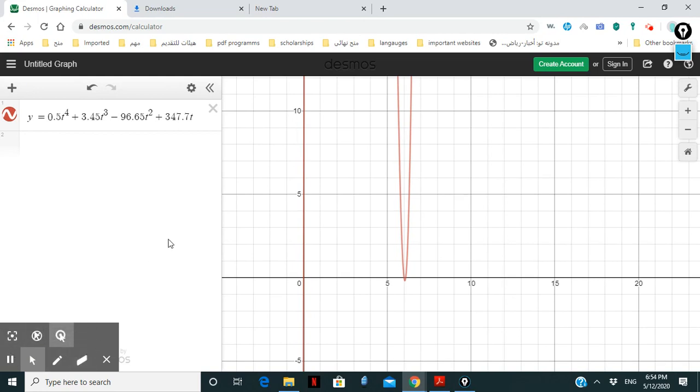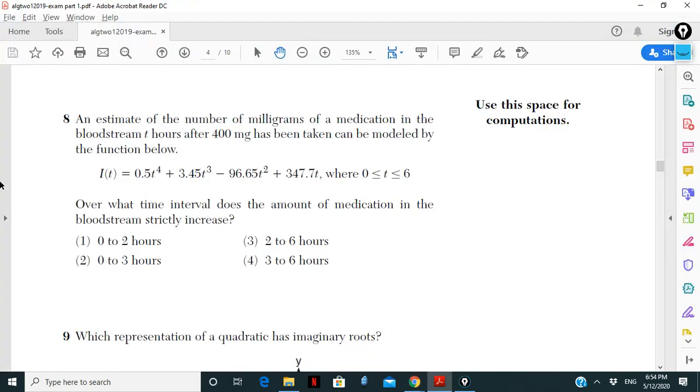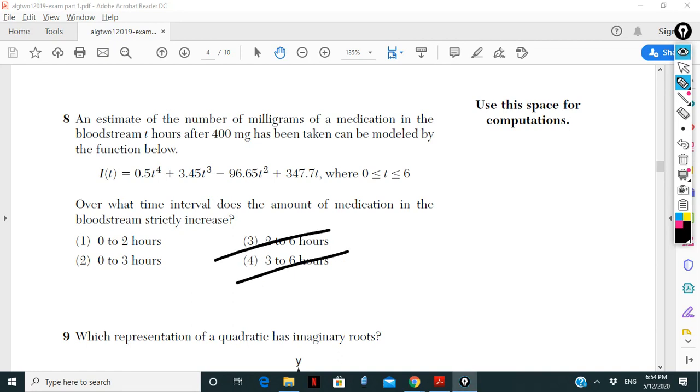So between 0 and 3, that's the maximum peak. It's going straight up. So between 0 and 3, or between 0 and 2. So now from 2 to 6, I know that the second half is going to collapse.